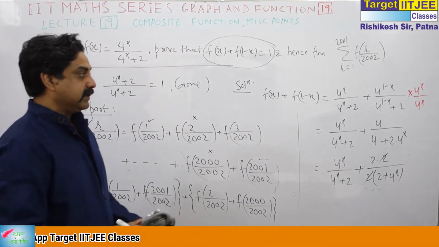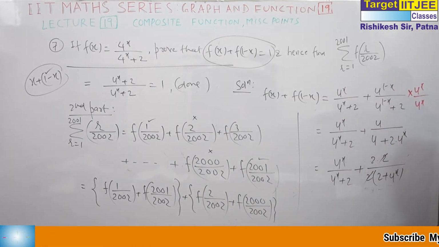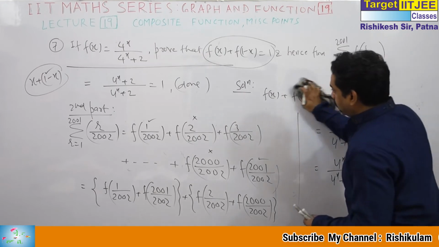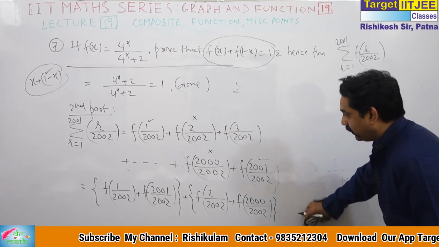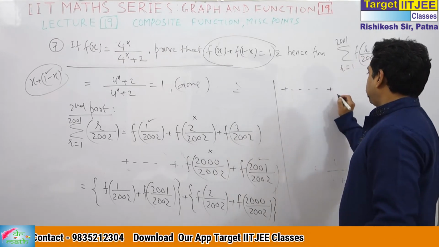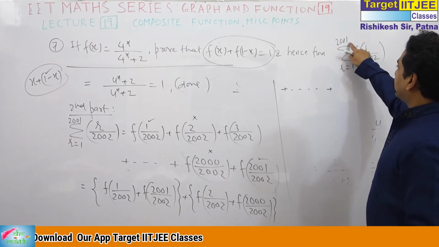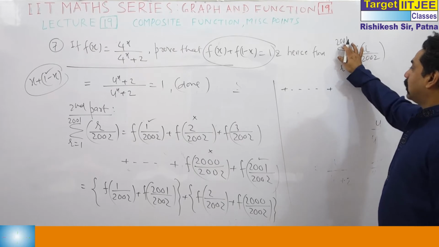How many such pairs? I have to erase this. How many such pairs can be done here? You can see this actually proceeds up to 2001 terms. Half of 2001 is around 1000.